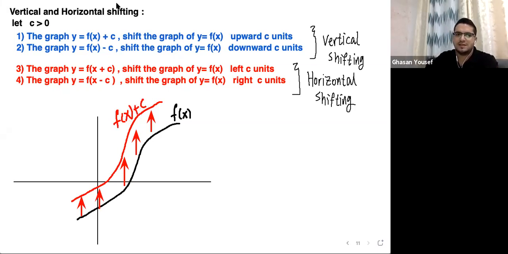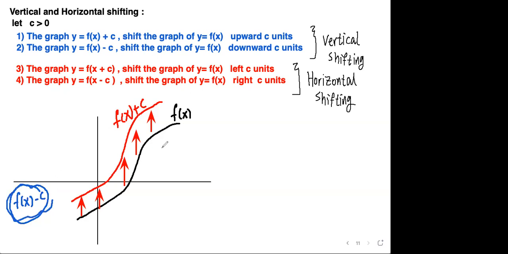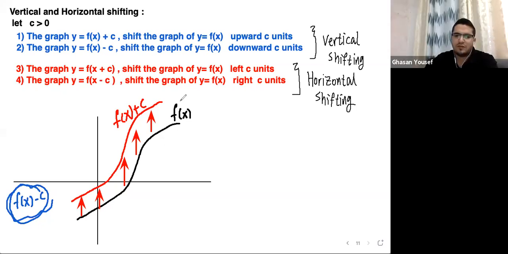Now to graph the function f of x minus c, what do we have to do? How can we graph this function? Move it down. Yes, we have to move the original function f of x, the black one, c units down. So the graph will be something like this.